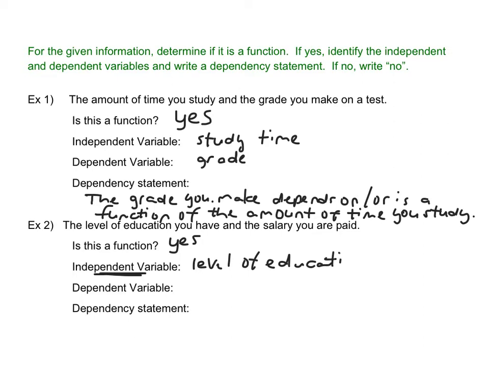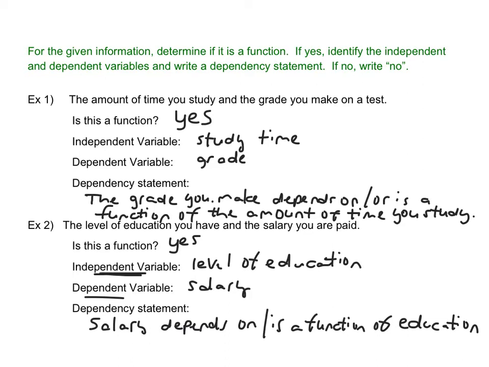It is the cause. And the dependent variable would then be the salary that you're paid. So the salary depends on the level of education. That's the way we would write the dependency statement. We would say that salary depends on, or is a function of, the level of education that you have. So that would be a function statement.